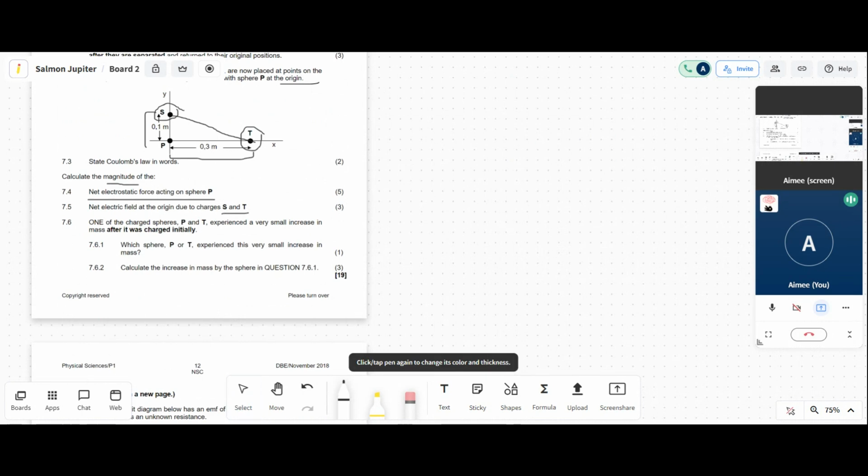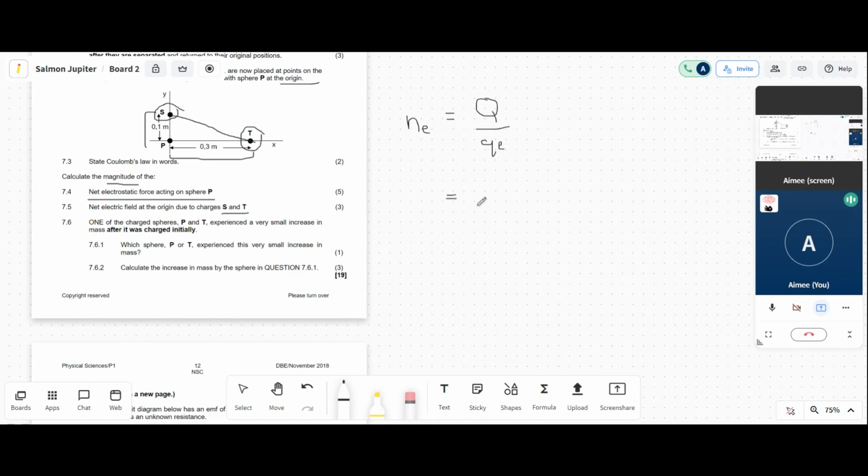And the formula goes as follows: number of electrons is equal to charge over the charge on an electron. So number of electrons is equal to the charge of your object divided by the charge on an electron.